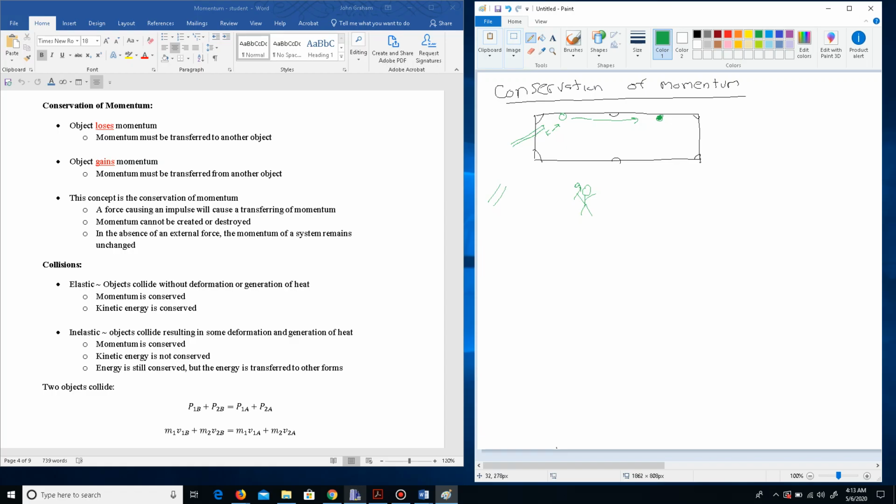Here's the spaceship. But his rope got cut, so he can't get to it. So right now his momentum is 0. So he throws the hammer this way. That's where the hammer goes. And he goes this way. So the momentum stays 0. And then he'll keep going until he hopefully reaches that ship. Alright. Doing a lot of drawing today, I guess.